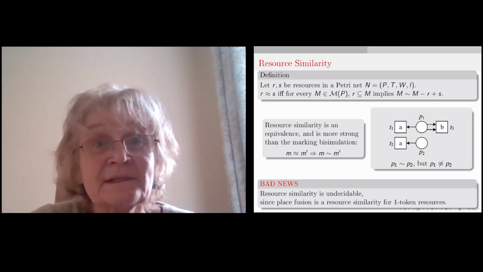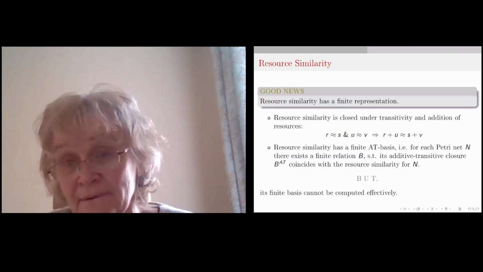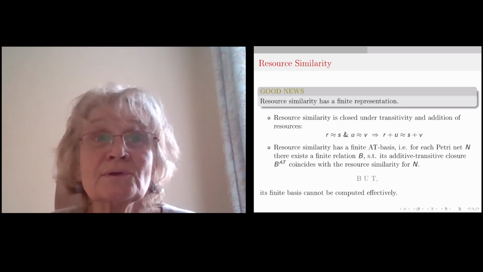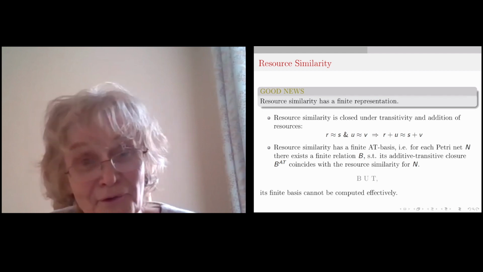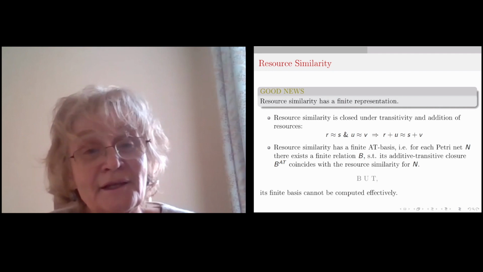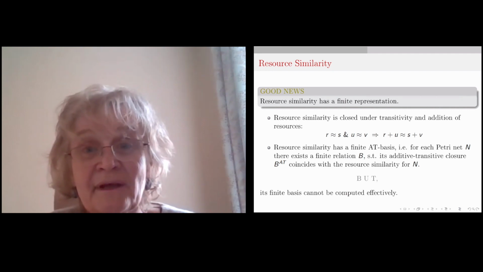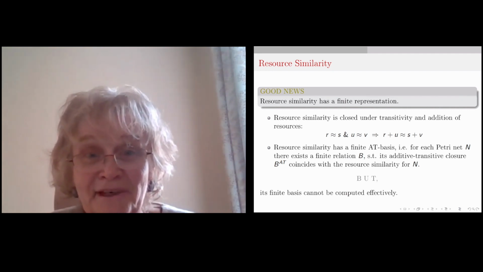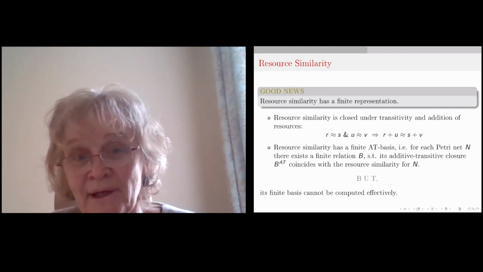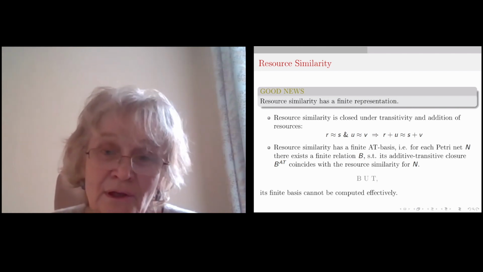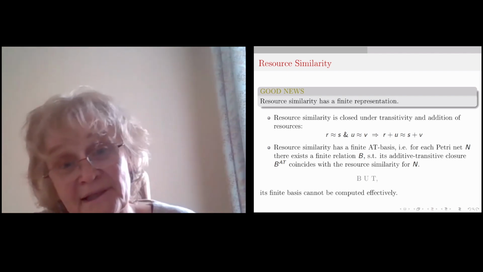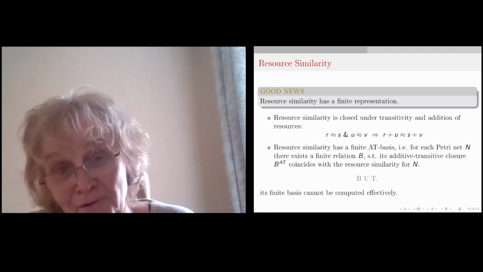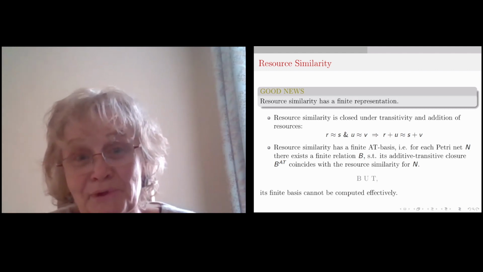Still, it is undecidable. The good news is, and that's also because it is a congruence, we have proven that this resource similarity has a finite additive transitive basis. What does it mean? This relation is closed under transitivity, and also it is closed under addition of resources because it is a congruence.